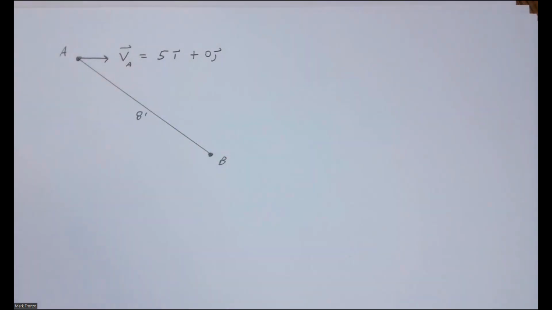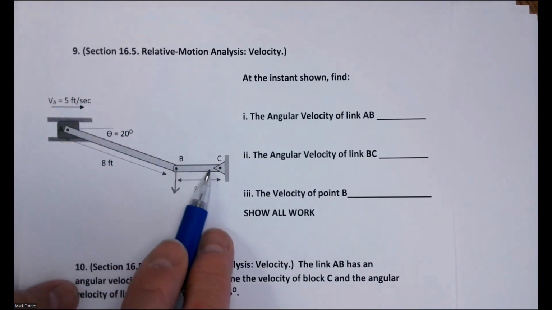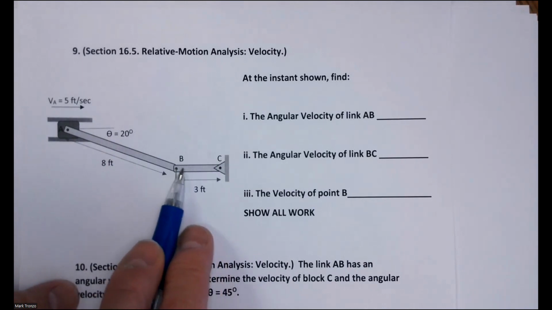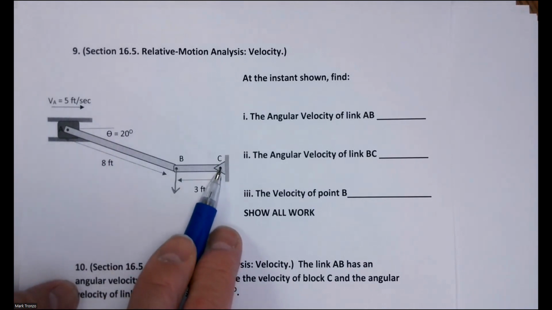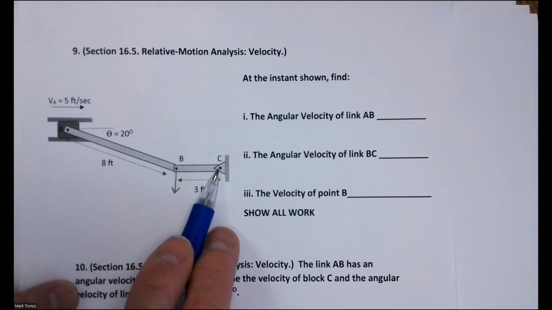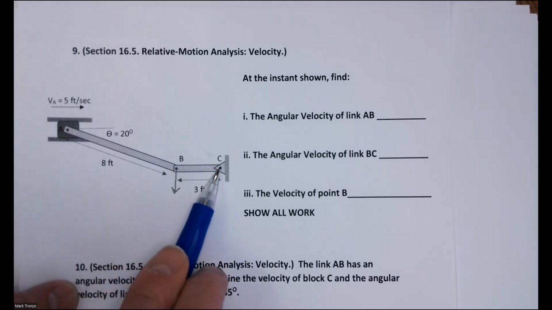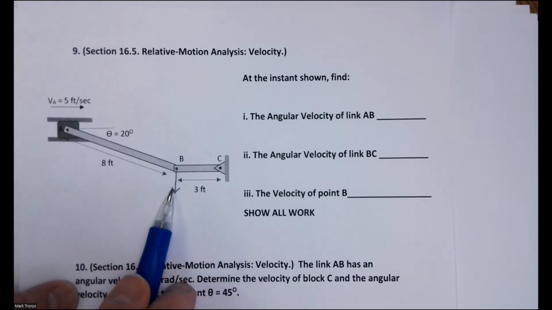Now, also notice that point B is attached to this link right here, and this link is moving about a fixed center, C. Recall that if you have a link moving about a fixed center, the velocity at this end is always going to be perpendicular to this bar.